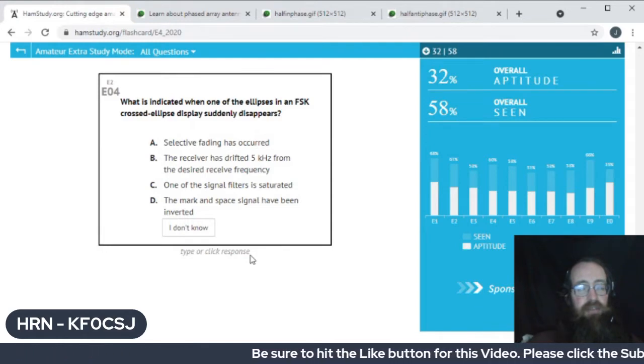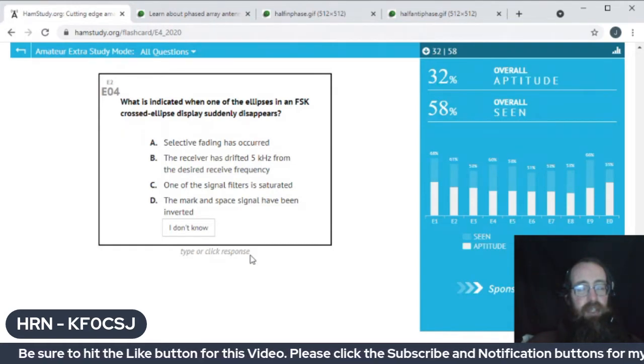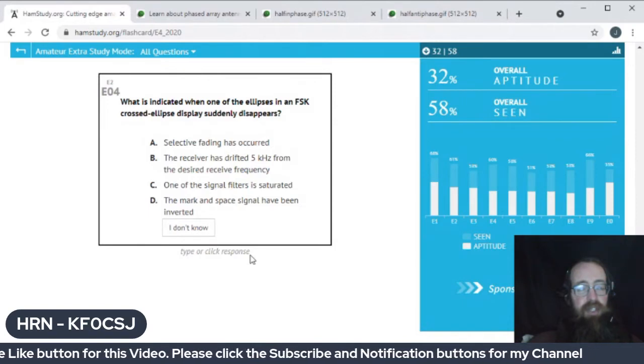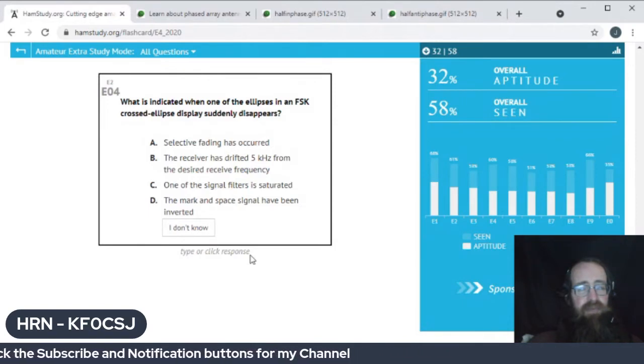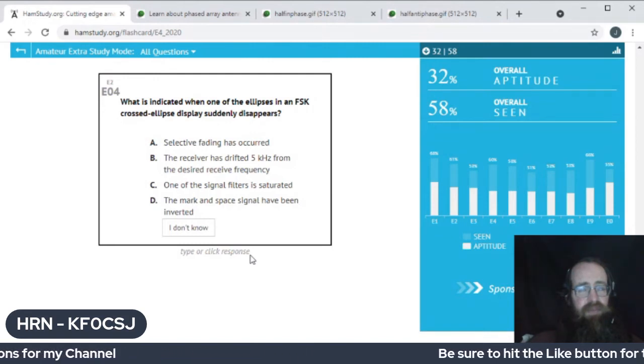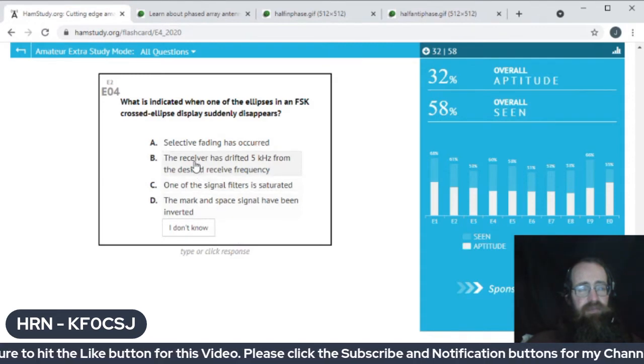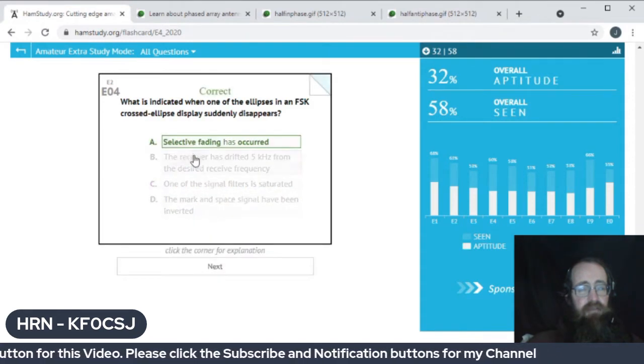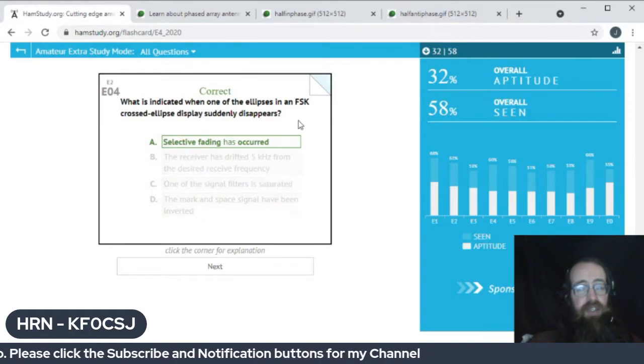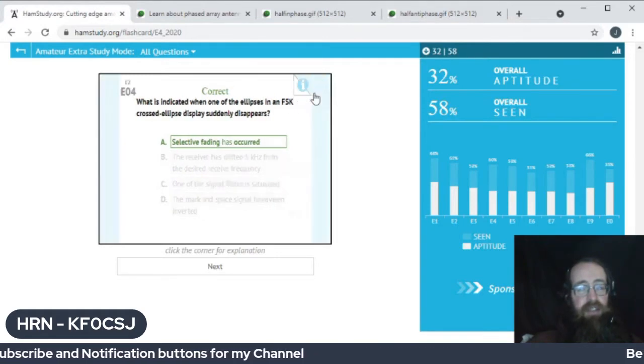C, one of the signal filters is saturated. D, the mark and space signal have been inverted. I don't know. I'm going to guess. No, it is A. Selective fading.